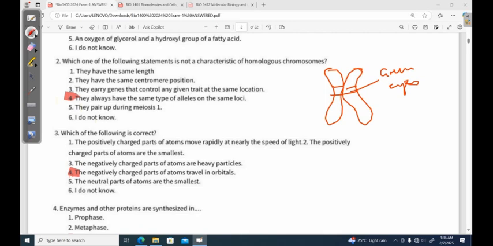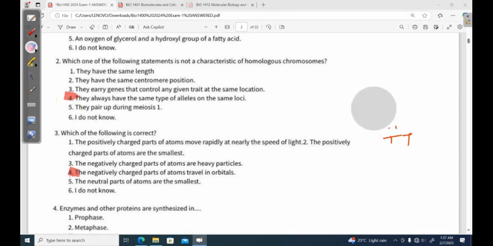It's not always the case. This person could have a small t recessive allele and may have inherited a big T from their parents. So they may not have the same type of alleles. Sometimes it could be TT, dominant, so they could be quite different.